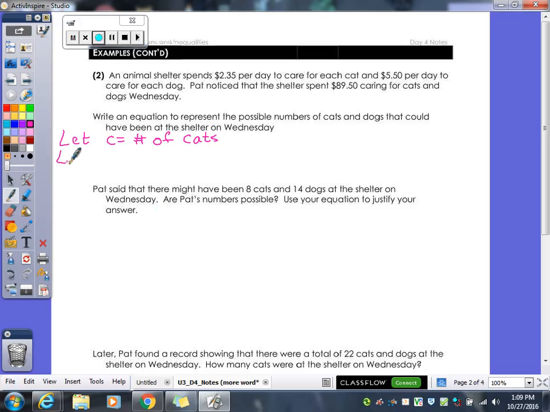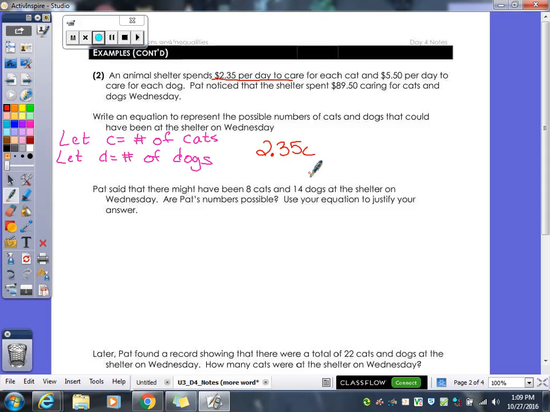Now what should our other let statement be? Let d equal number of dogs. So now this is one of those equations where they didn't give you enough information for you to write 2 of your equations yet. You only have enough information for one equation, and that's our money equation as we call it. It's $2.35 for each cat.